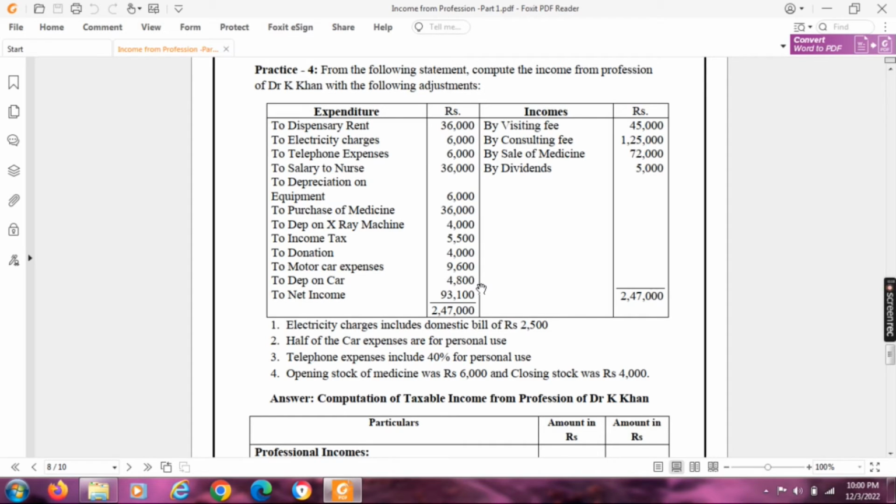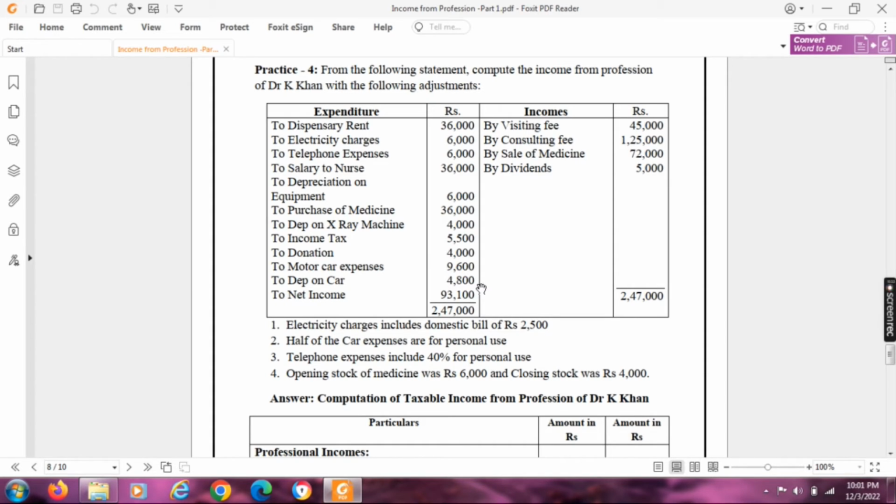The receipts and payments account normally starts with the opening cash balance and ends with the closing cash balance, but the income and expenditure account is normally closed by surplus or shortage. It is not income from business, it is income from profession, so we should care only about professional income, professional expenditure and depreciation.